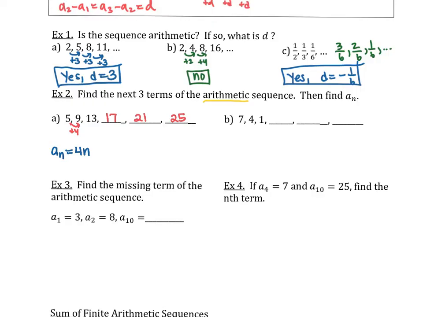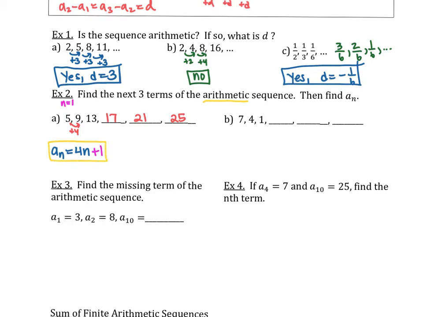Because the first term is 5. So I need to adjust this formula to make sure that when I plug in 1, I get 5. So if I plug in 1, I get 4 times 1 is 4. In order to get 5, I need to do plus 1. So this is my formula. I did do it in my head. I'm going to double check to make sure it works for the next term.